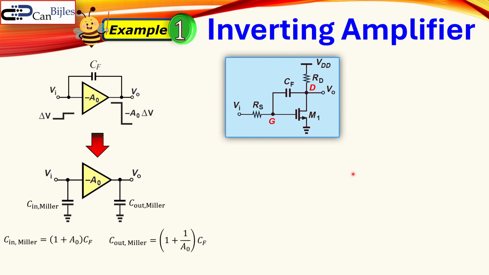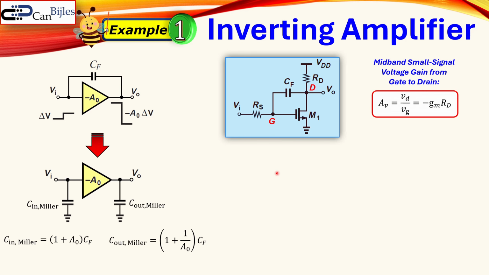Now we would like to designate the gate and the drain nodes here, and we would like to see what the mid-band small signal voltage gain is from the gate to drain. We already have encountered this kind of circuit before, and that is the formula here, minus gm RD. And since we talk about the mid-band voltage gain, this CF is not in the picture.